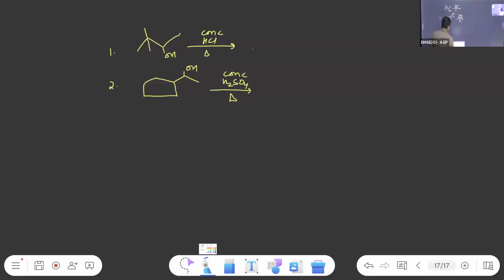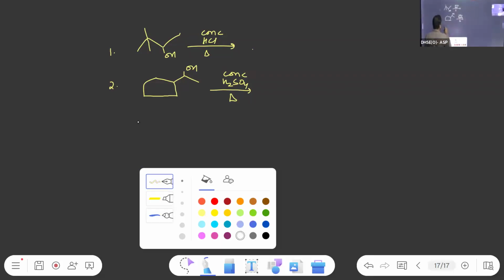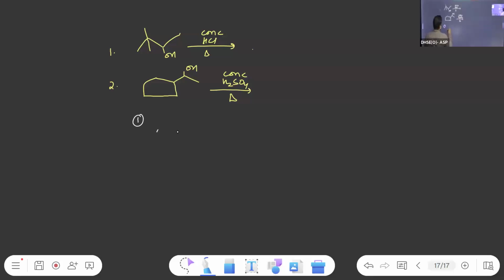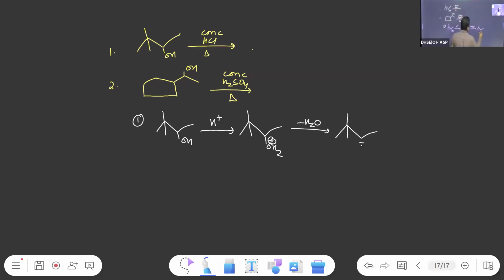First, we are going to discuss the first question. By the action of H plus, it makes protonated alcohol. Okay. Then after release of water, this is the carbocation.